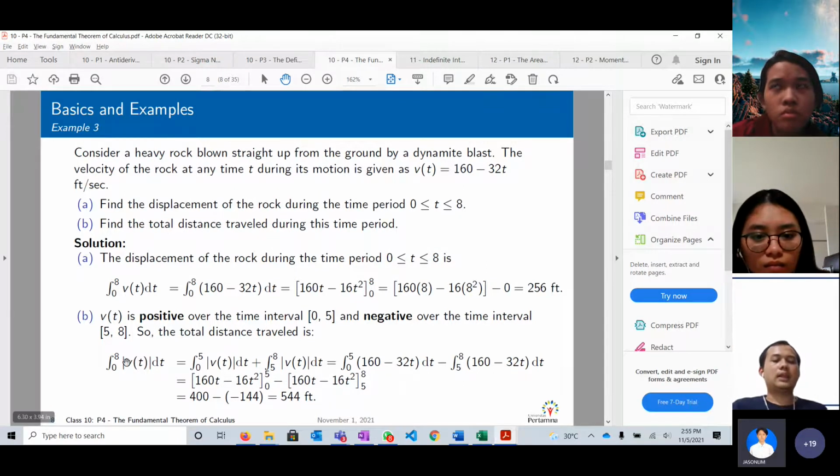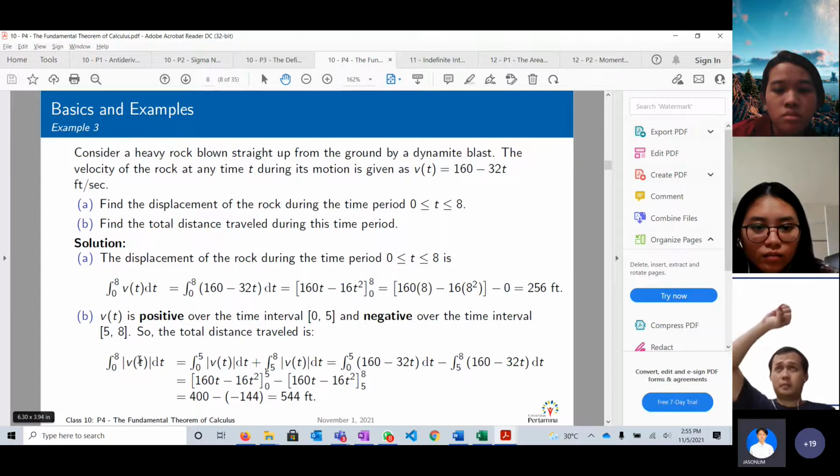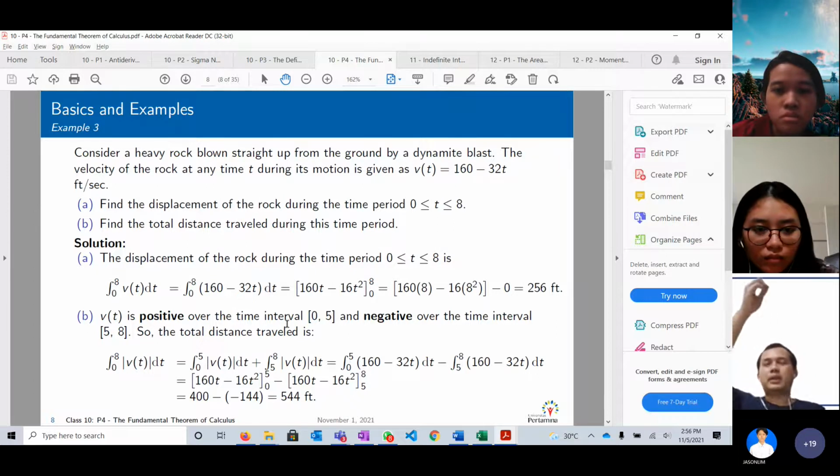Makanya kita mengambil sekarang nilai absolutnya dari kecepatan. Karena kecepatan positif itu naik, kecepatan negatif itu turun. Nah, di interval 0 sampai 8, kita tahu bahwa dari 0 sampai 5 dia naik, positif. Dari 5 sampai 8 dia turun, negatif. Maka menghitungnya seperti ini.